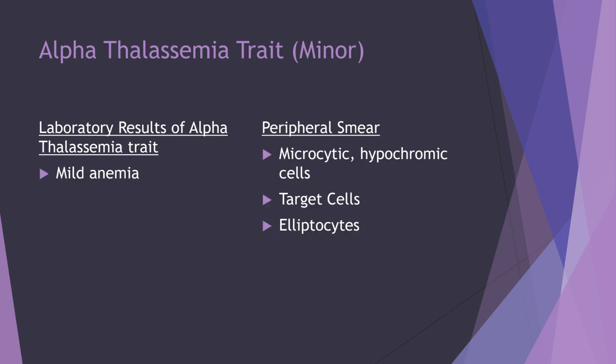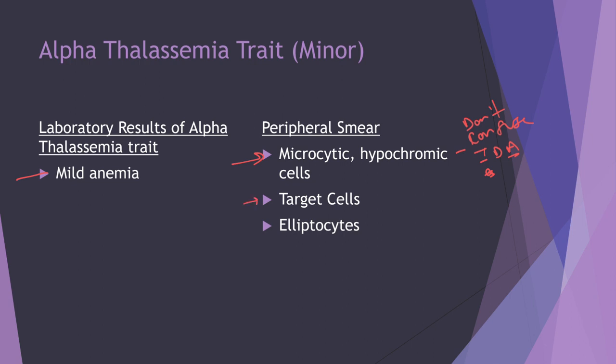So what are we going to see in the lab? We're going to see mild anemia. We're going to see microcytic hypochromic cells. Don't confuse it with iron deficiency anemia.